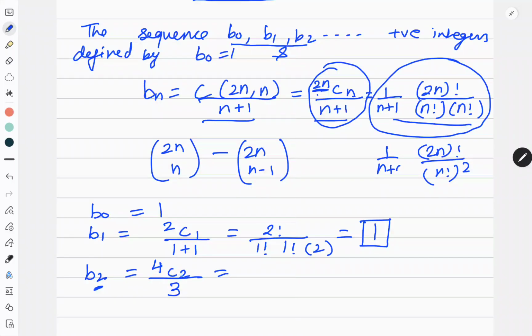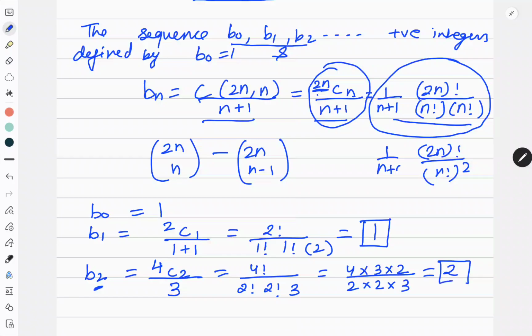Now how to open 4C2? You can use a calculator directly. 4 factorial upon 2 factorial into 2 factorial into 3. So 4 factorial is 4 into 3 into 2 into 1 upon 2 into 2 into 3. Right, so it is 2. So the B2 value is 2.